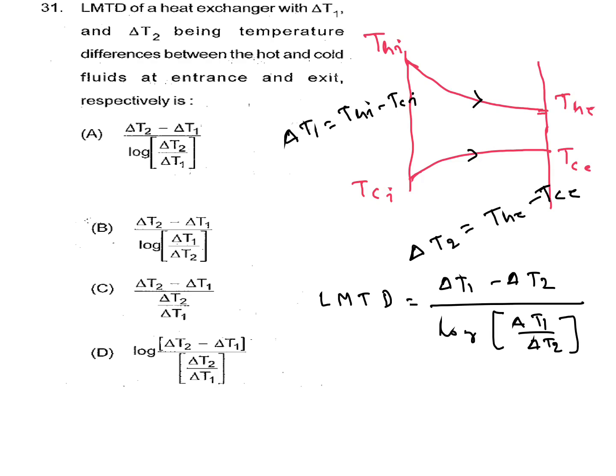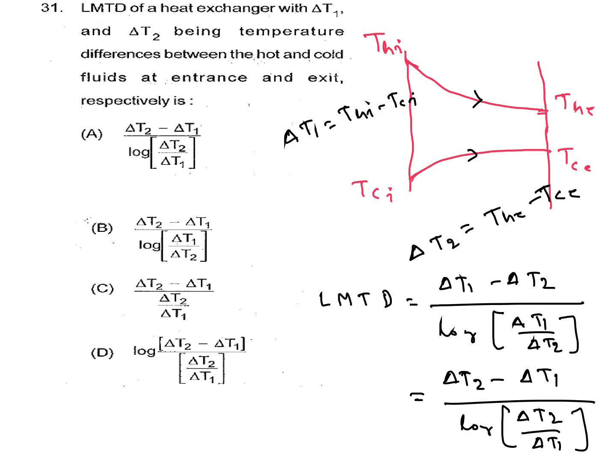Here also we can write it as delta T2 minus delta T1 divided by log delta T2 by delta T1. So option A is our answer.